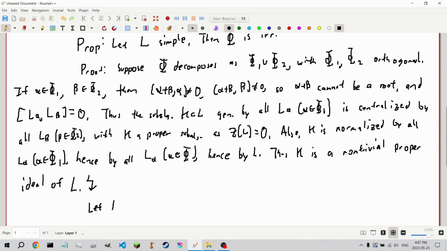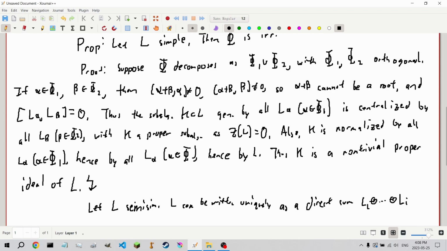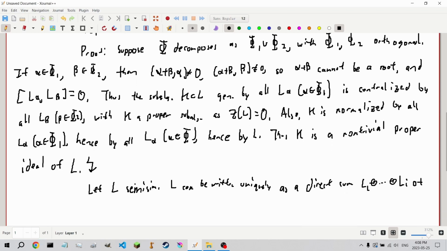We're going to let L be a semi-simple Lie algebra. L can be written uniquely as a direct sum L1 plus through to Lt of simple ideals.